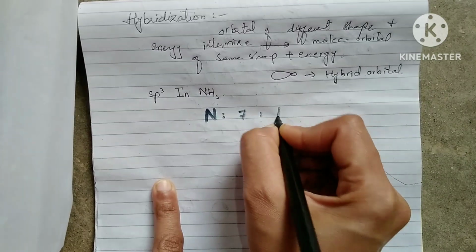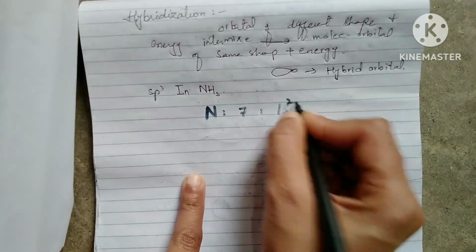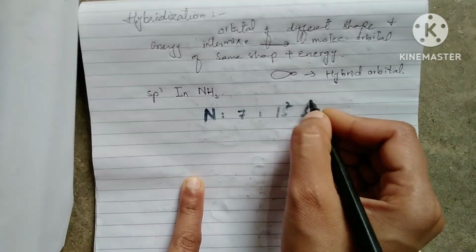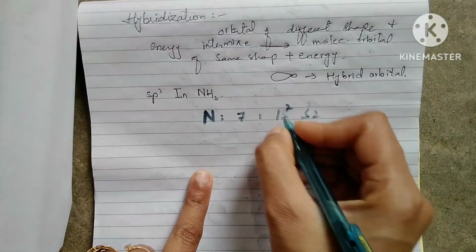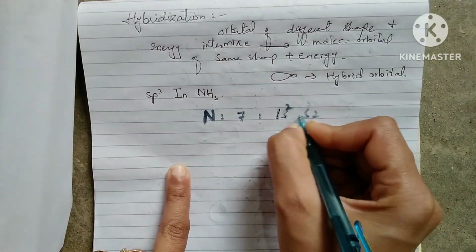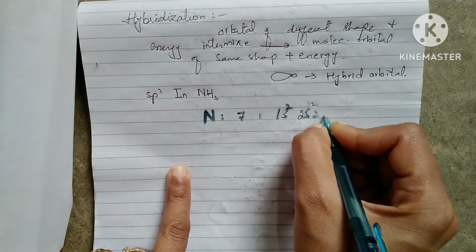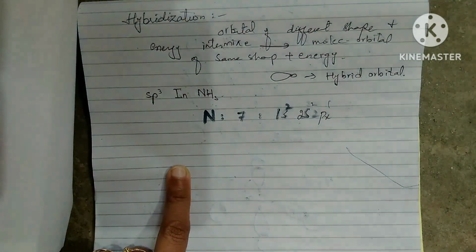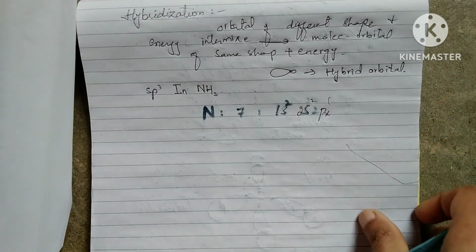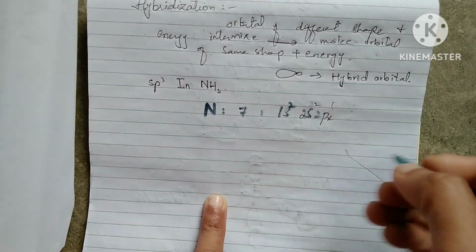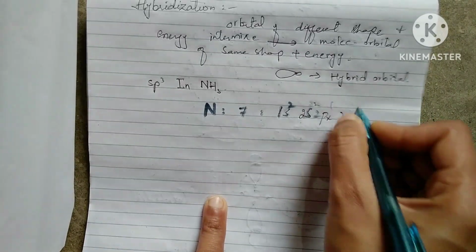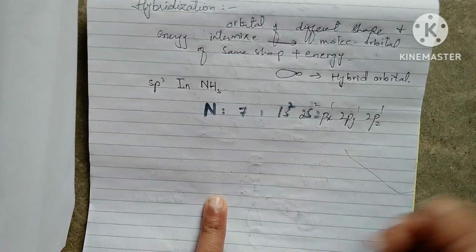The electronic configuration of nitrogen is 1s2, 2s2, 2px1, 2py1 and 2pz1.